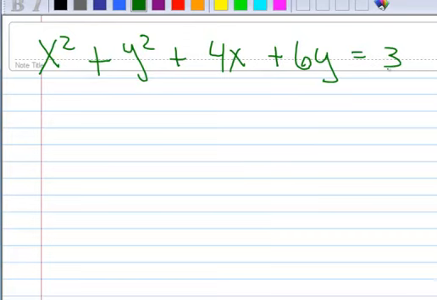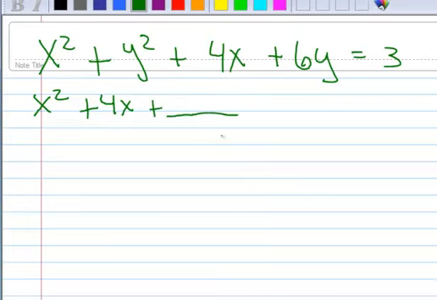So the first thing that we are going to do is rewrite this equation, and change the order, and leave some space. I'll show you. We put the x squared, and the 4x we want with the x squared. So I'm going to put the 4x right there, and then a plus, and leave a blank.